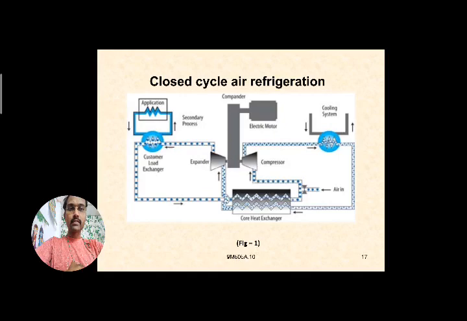The heat exchange takes place here. The air coming from the customer load exchanger, from the evaporator, is the cooled one, and the air coming to the exchanger is a hot one. So the heat exchange takes place. Now the air again enters into the compressor. So it is a complete closed cycle.